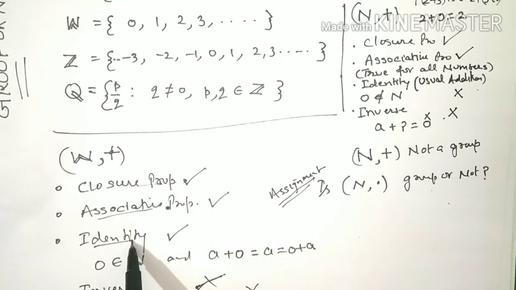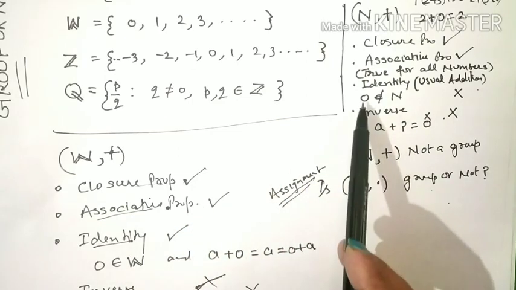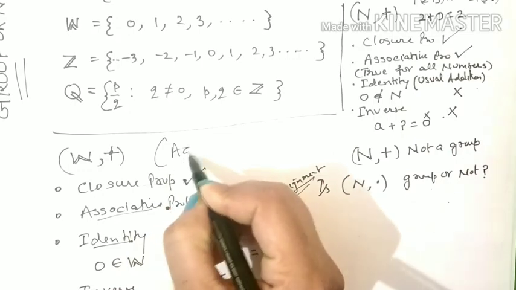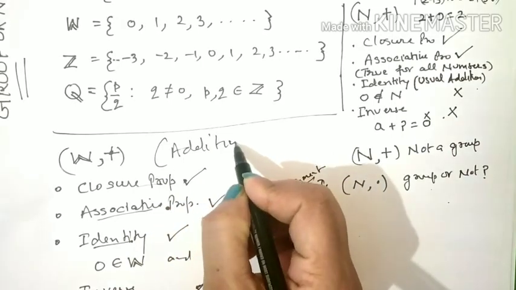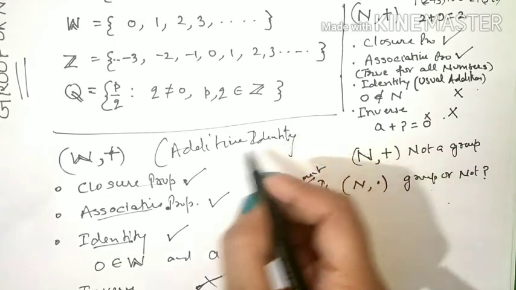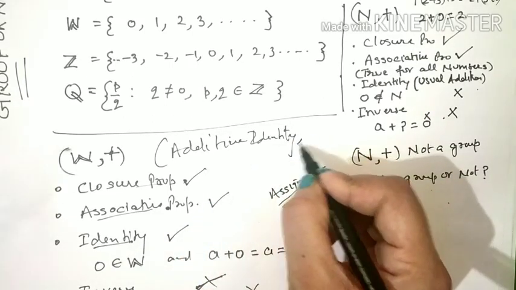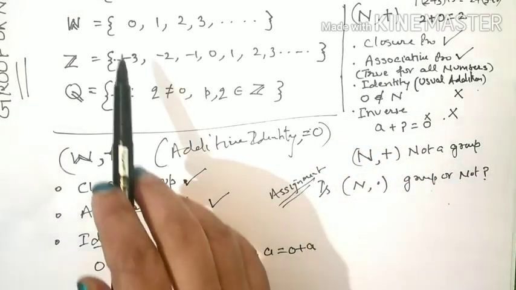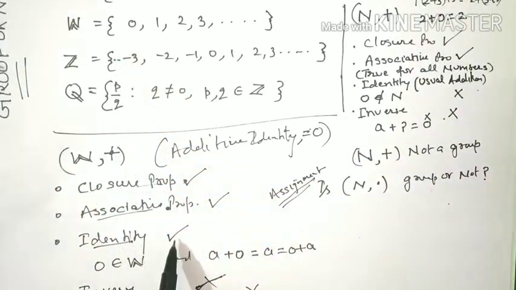Identity element, that is, the additive identity, which is 0. Additive identity means under usual operation the identity element is 0. So 0 belongs to the set, which means the identity element exists in this case.